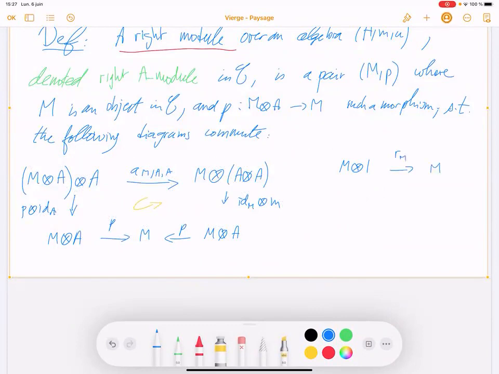You get M. You can apply the morphism U from the algebra A, ID_M tensor U, and you go to that, or you just apply identity of M here, and here you apply the morphism P, and you get this diagram to commute also.